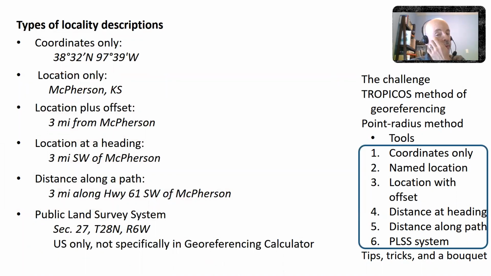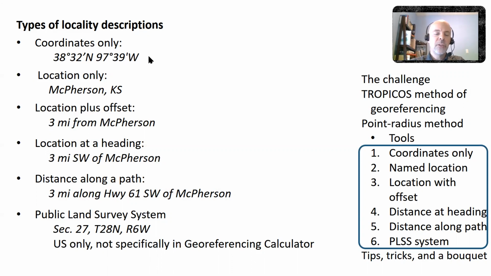The georeferencing calculator is really structured around the idea that you can take these verbal descriptions of geolocalities and classify them. You'll find sometimes a particular specimen might have different kinds of descriptions, but you can break them up into these categories.